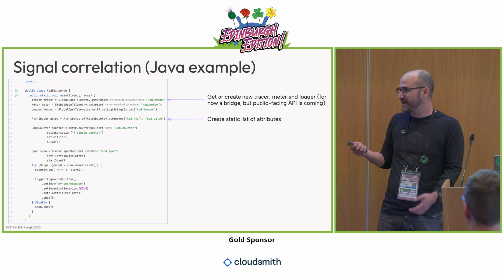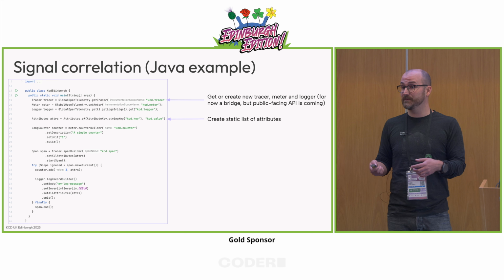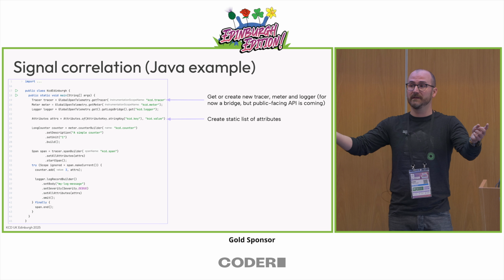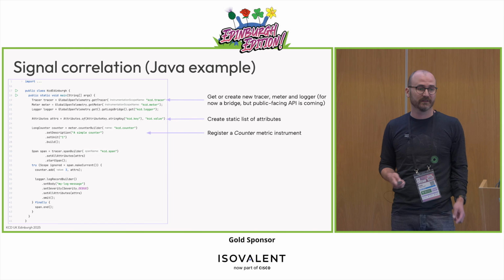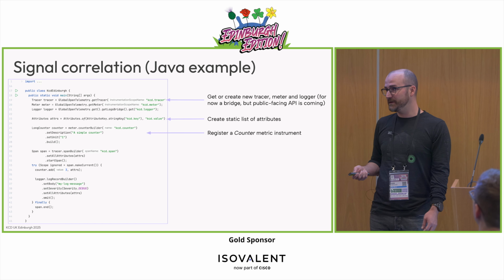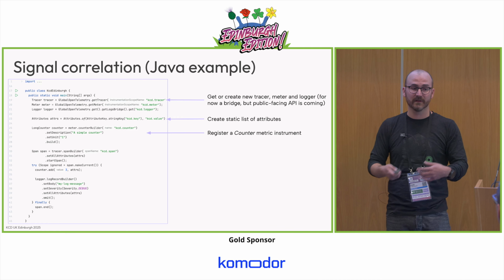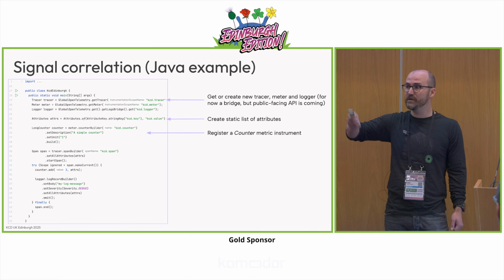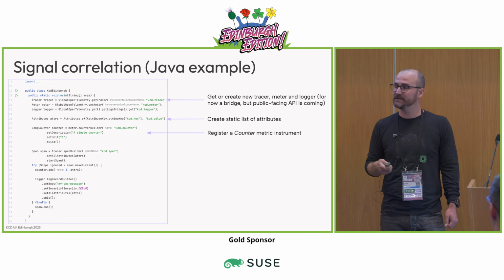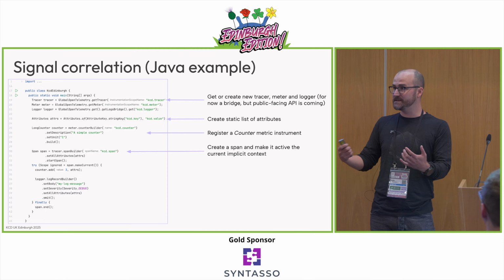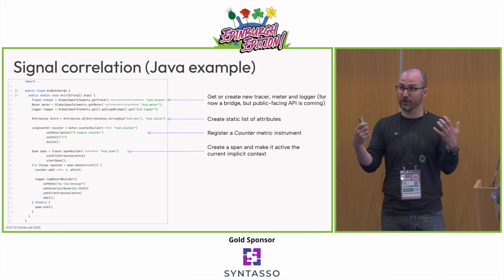We create a standard list of attributes, in this case just one single attribute in that list, and we're going to use that attribute across these three things: logs, metrics, and traces. We'll register a counter metric instrument. An instrument basically allows us to record measurements. In this case, this is a counter, so we'll be incrementing this counter in our code. And then we create a span. We activate that span in the current context.